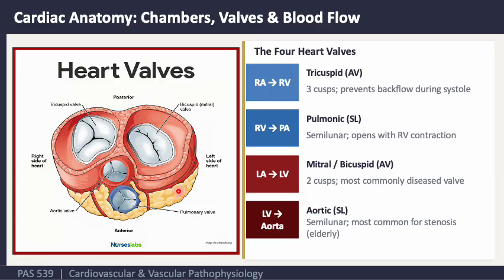And once it's in the left ventricle, once that ventricle contracts, it will then go through the aortic valve, which is right here, wrap around, go to the aorta, and go to the major organs and to the systemic system. It's also a semilunar valve, and this is the most common valve for stenosis in the elderly population.